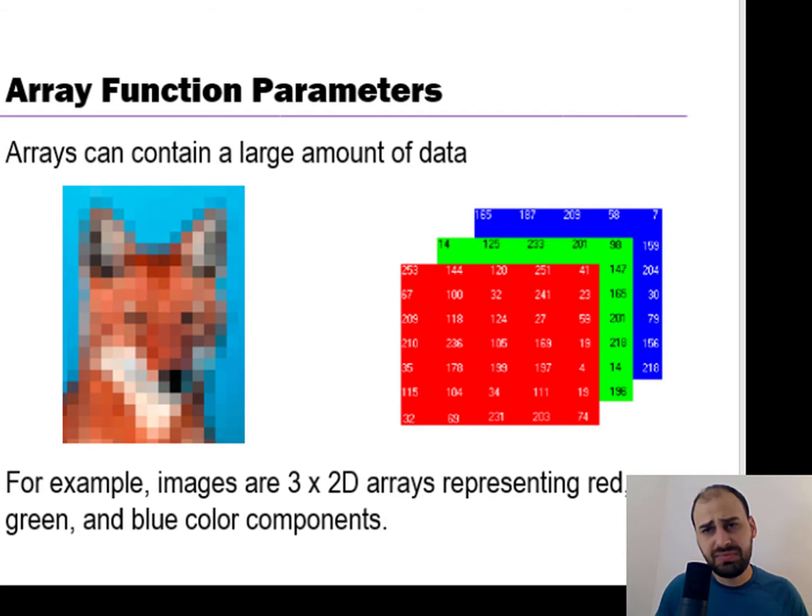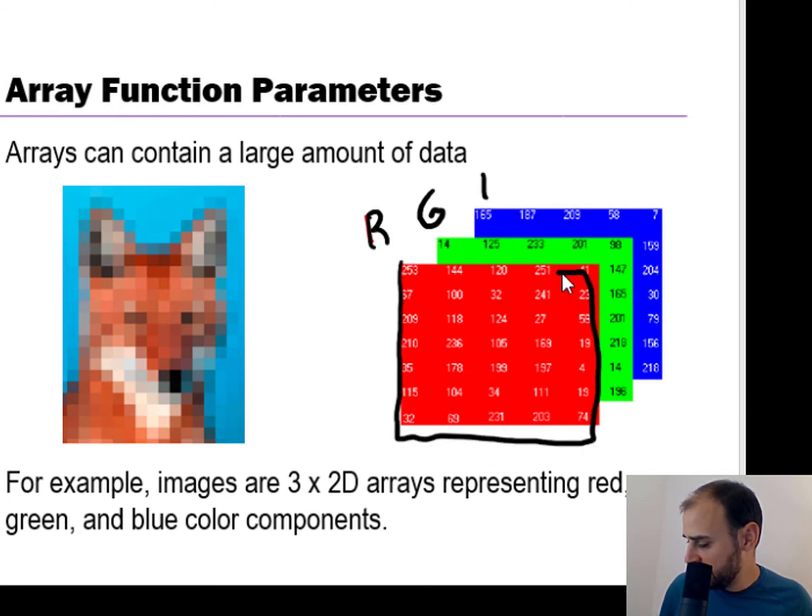An image is represented using RGB values, red, green, and blue. Effectively, we have three 2D arrays, where each array stores the amount of red, the amount of green, and the amount of blue.